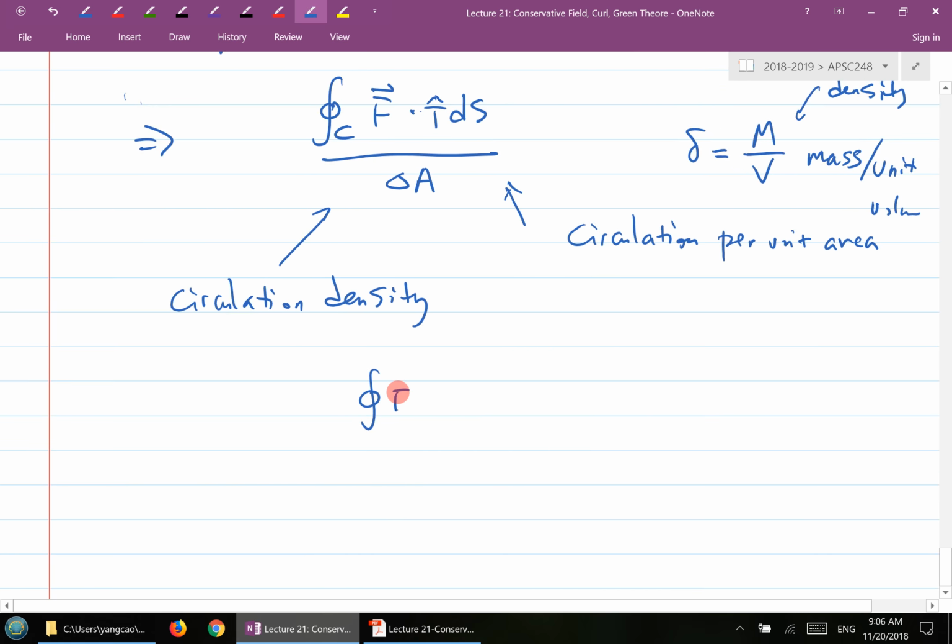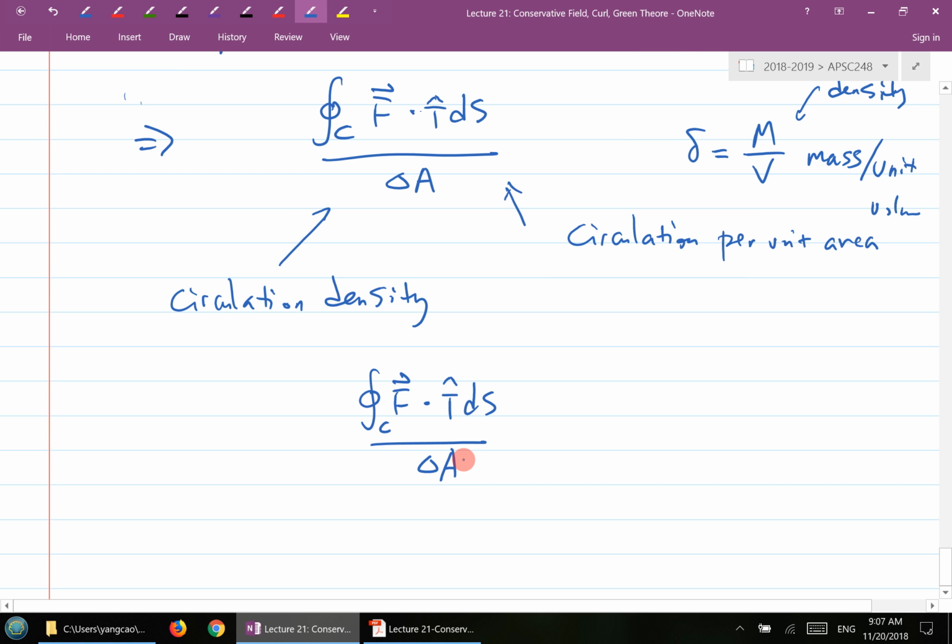Then the next thing I'll do is rewrite this circulation density formula. Density is not a concept over a certain patch. Density should be a concept for a certain point: what's the density at that point? But this is not a point, this is a certain small area.